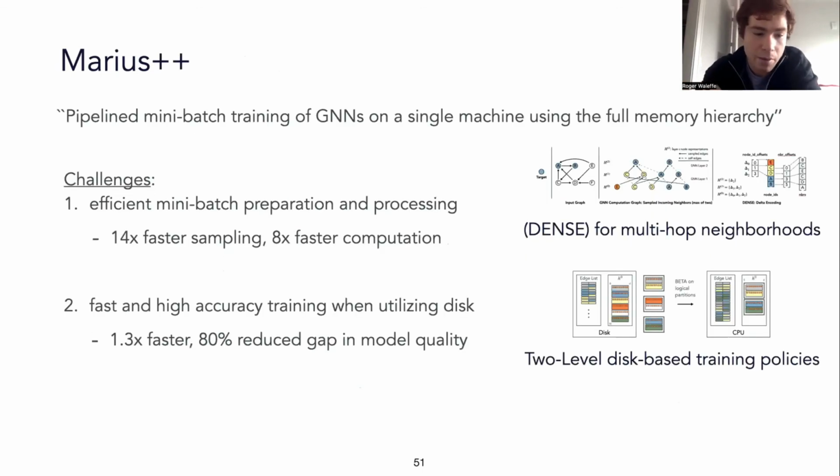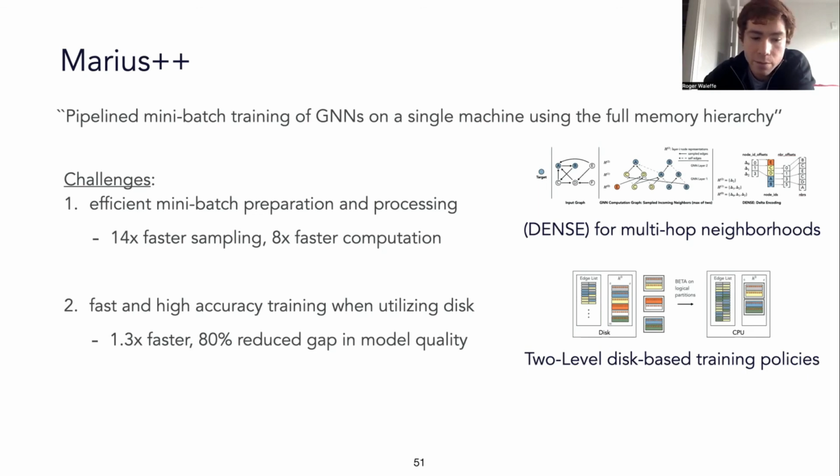So I'll summarize by saying that Marius++ is best described as a system for pipelined mini-batch training of GNNs in a single machine using the entire memory hierarchy. And while building Marius++, we addressed two main challenges. First, we focused on optimizing mini-batch preparation and processing for multi-layered GNNs, which led us to minimize redundant sampling with the dense data structure and to 14x faster sampling plus 8x faster computation compared to existing systems.